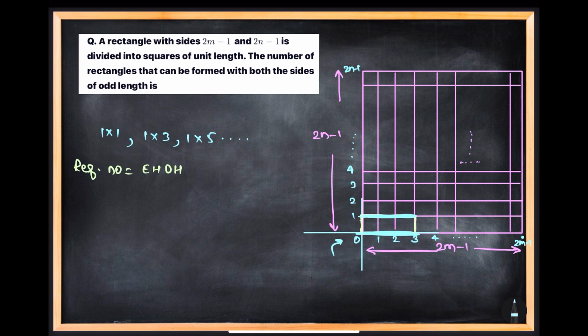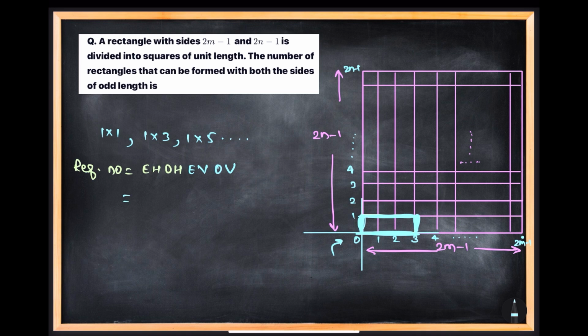Now can I go with even vertical? Look at this. This is the 0 line, y equal to 0, and odd vertical. This way we can create a rectangle, correct or wrong? Okay, just try to observe this thing and you will get things done.